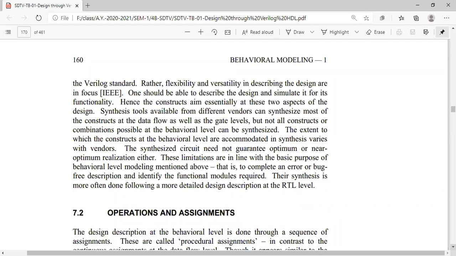Most of the synthesis tools available from different vendors can synthesize most of the constructs at the data flow as well as the gate level, but not all constructs or combinations possible at the behavioral level can be synthesized. Behavioral level modeling cannot be synthesized by all the vendors.